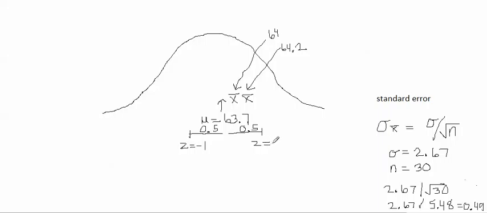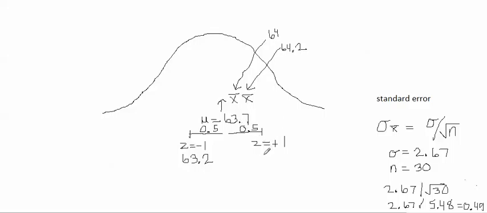Since our population mean is 63.7, a sample mean with a z-score of -1 would be 0.5 below this, which would be 63.2. If I took a random sample of 30 people and the sample mean came out to 63.2, my sample mean would have a z-score of -1 because it's one standard error under the population mean.